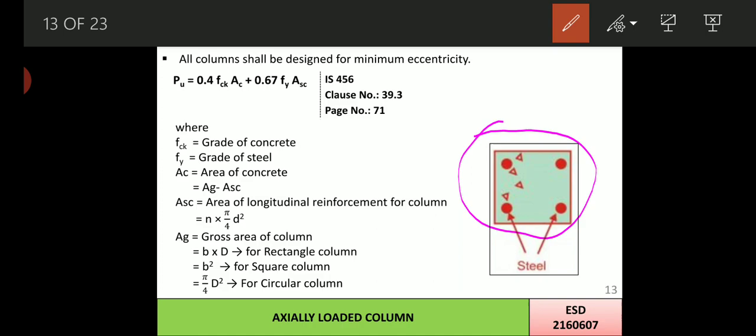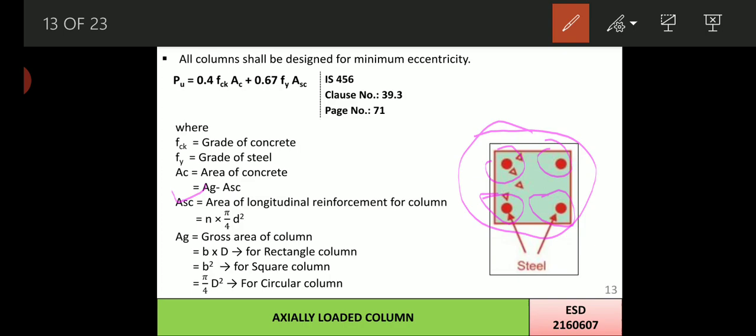In this one, the plan of the column is there, the whole area is called the gross area, that is Ag, this one. Now Asc, these are the reinforcement. If we remove the reinforcement area from the overall gross area, the remaining portion is the area of concrete. So ultimately the formula of Ac will be Ag minus Asc.